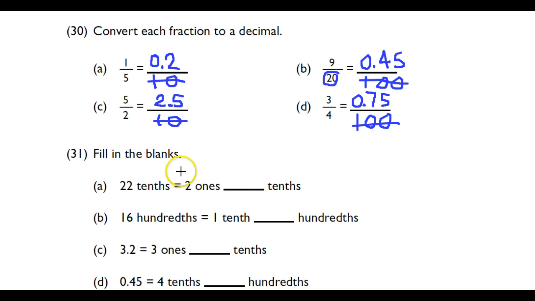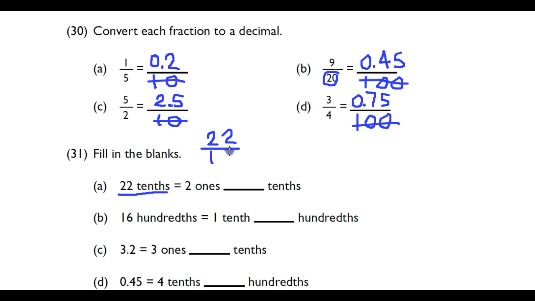Fill in the blanks. 22 tenths is how many ones? Wow, 22 tenths is how many ones, how many tenths? Okay, do not be afraid. Take a look at this, right? Change it. 22 tenths, you just put 22. Alright, 22 divided by 10 first.